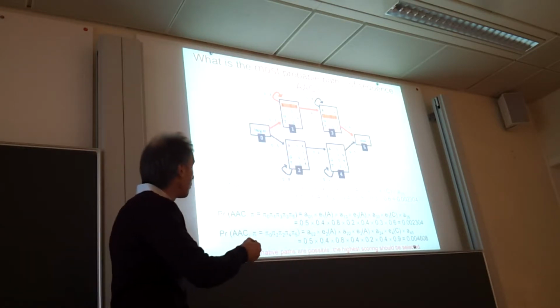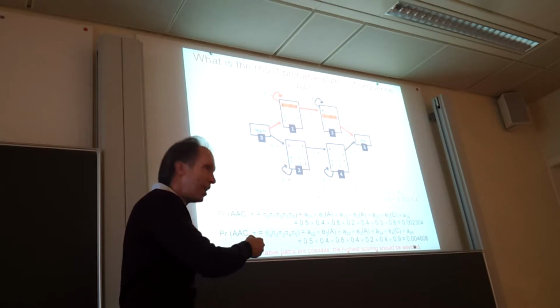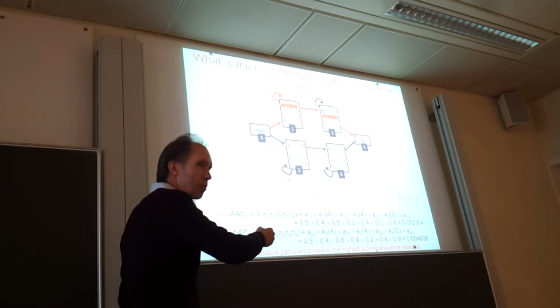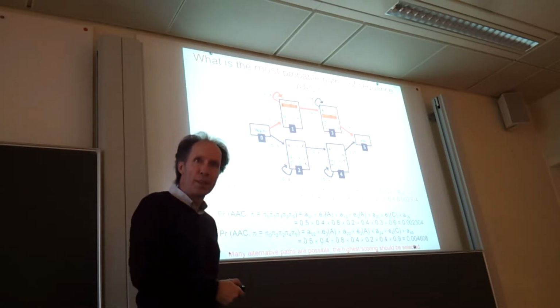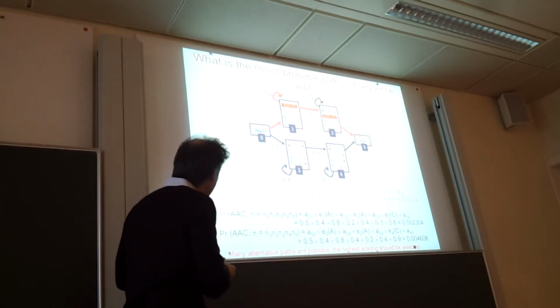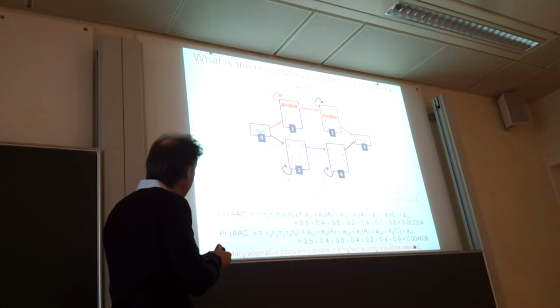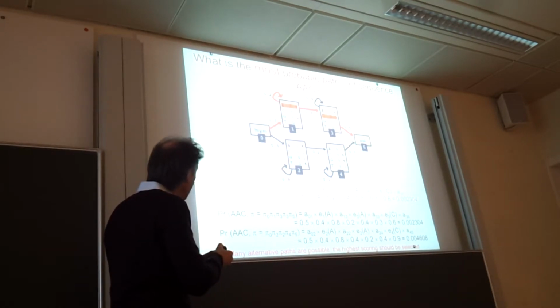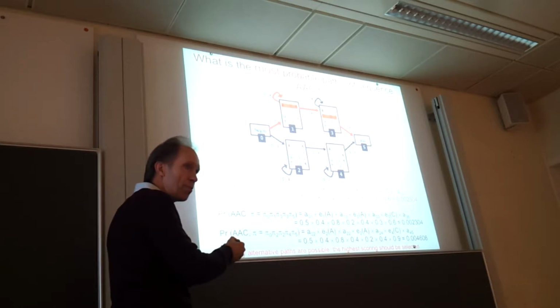We have the old transition probabilities, the arrows, and these we call from now on emission probabilities. What letter is actually used? So in this sequence, you begin at the start state, you go up, the transition probability is 0.5, and now you use the first A in this box as an emission probability of 0.4, okay?